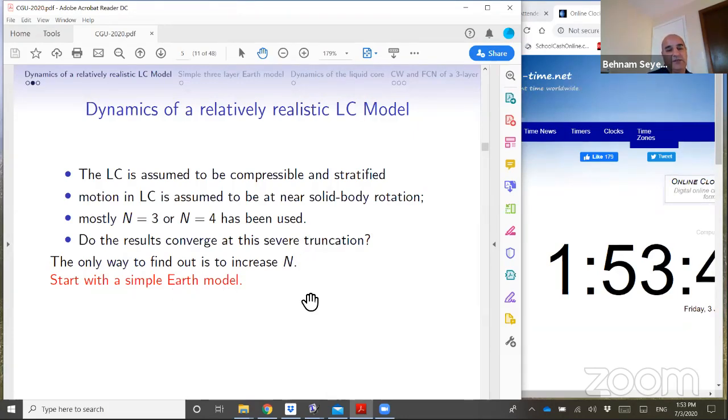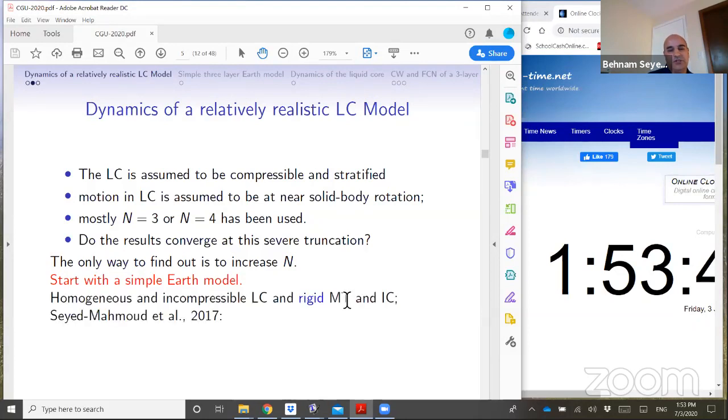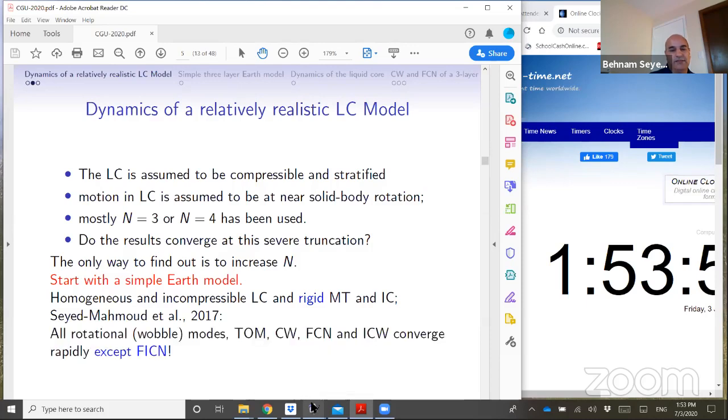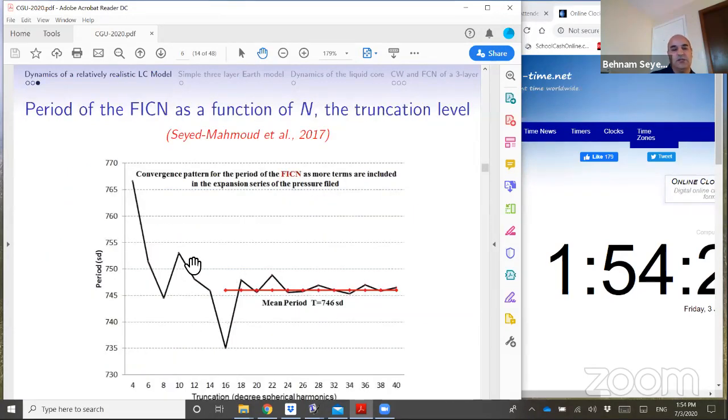So we started with a simple Earth model with a homogeneous liquid core and rigid inner core and mantle. For this very simple model, the frequencies of the Chandler wobble, tilt-over mode, free core nutation, and inner core wobble converge very rapidly. Four or 5 terms were enough for the convergence of those, except for free inner core nutation.